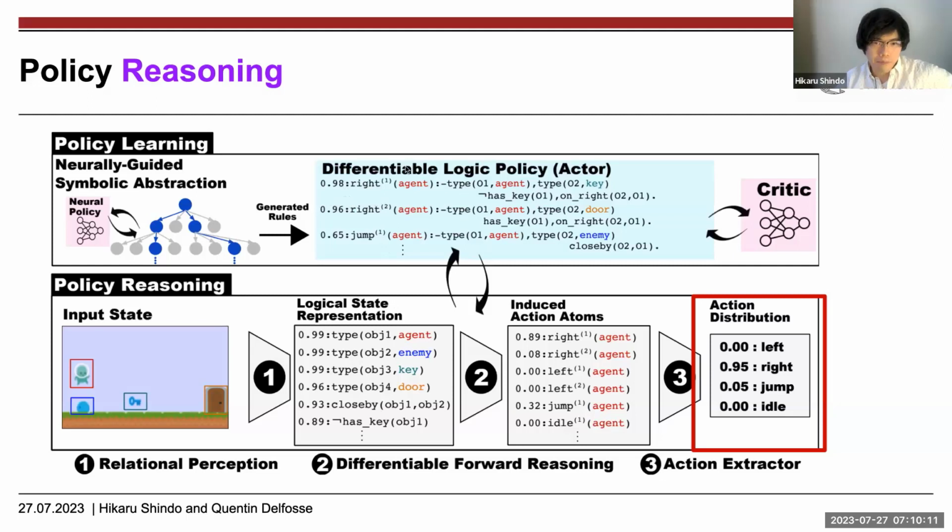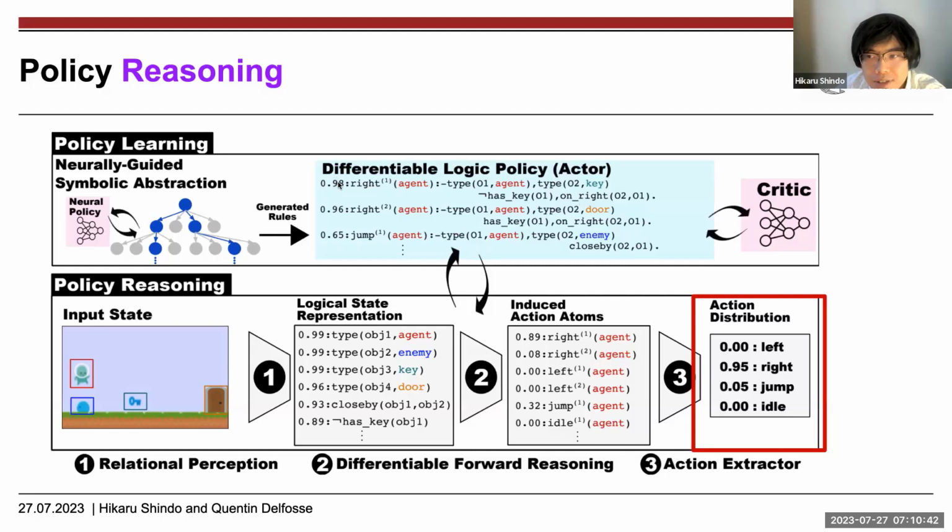Each rule performs forward reasoning. If all of the body atoms have high fuzzy values, that will deduce this atom with a high value. If this is almost 1, this is almost 1, this is almost 1, this is almost 1, then we get almost 1 for this atom.